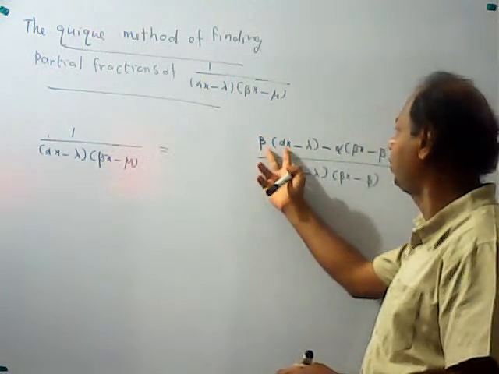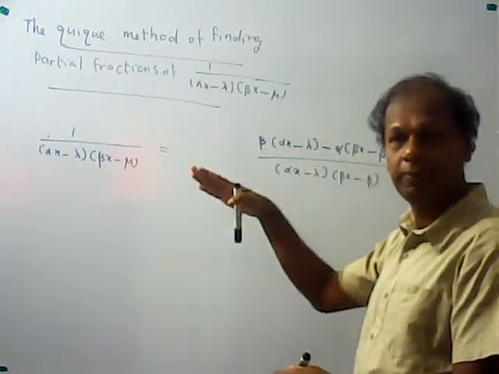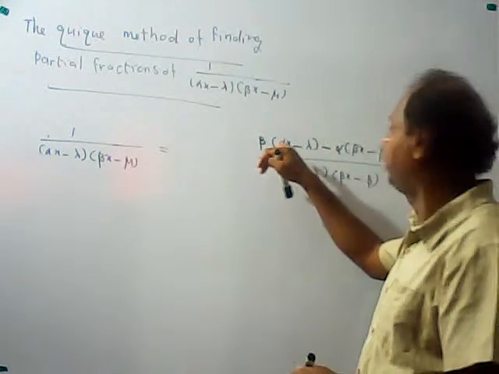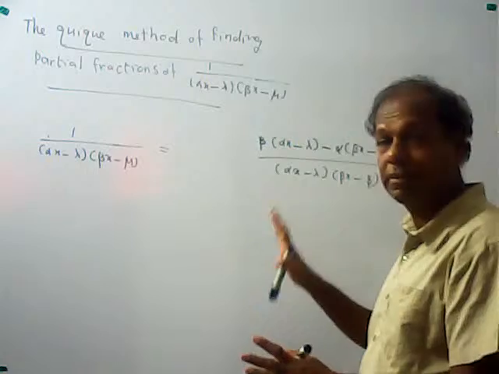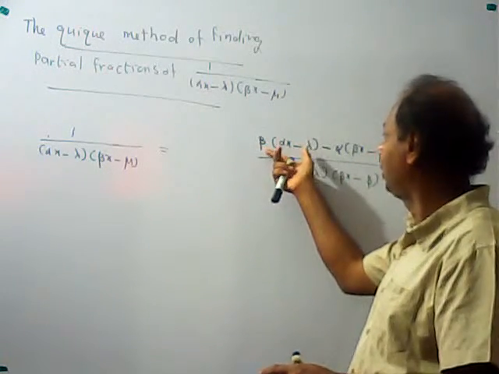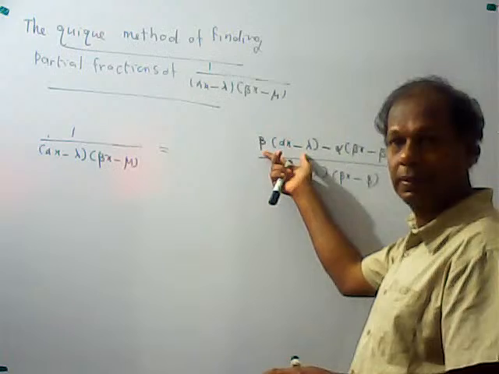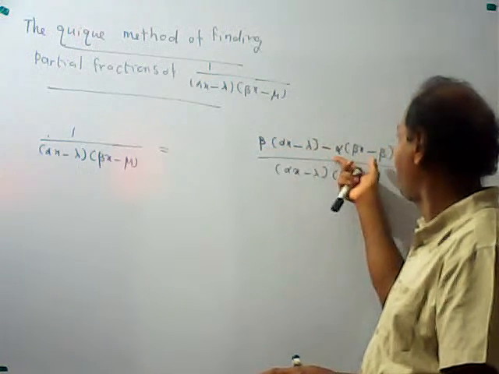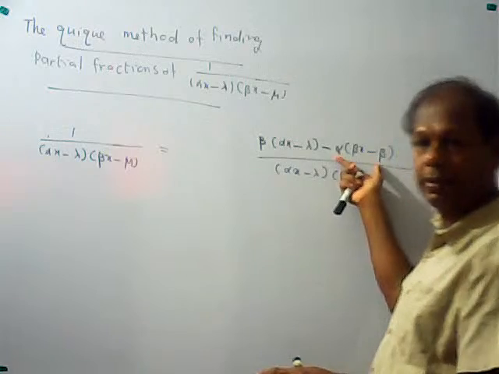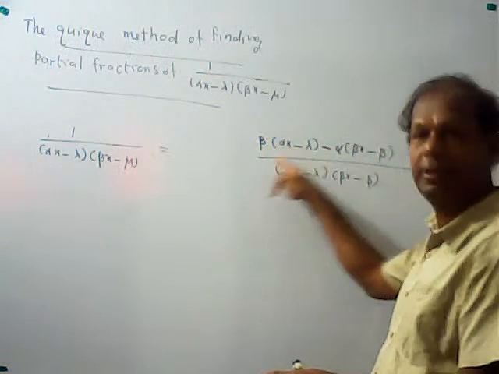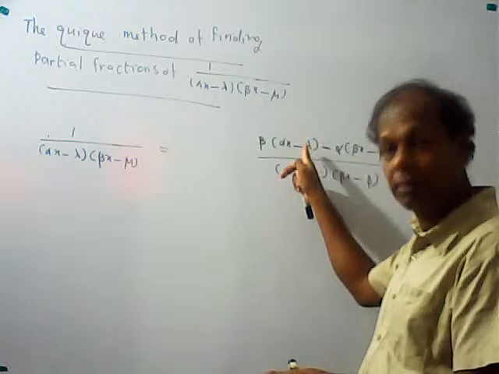So you see now x terms disappear. You don't have to bother about x terms, but still they are not equal because a constant is here: alpha beta minus beta lambda is still there in the numerator, a constant.